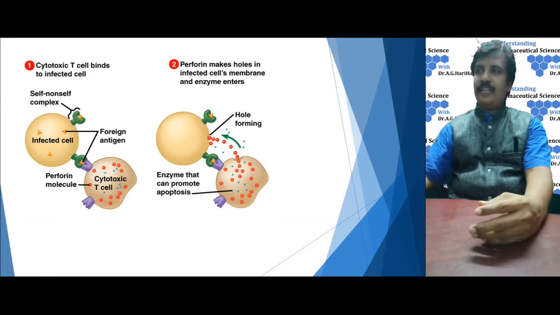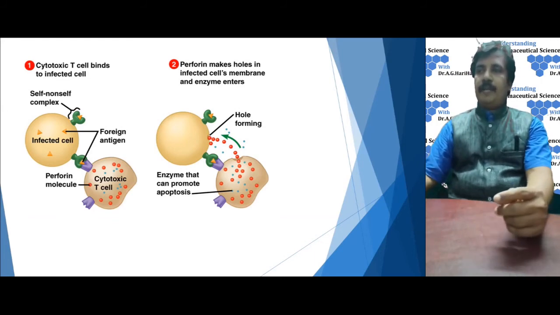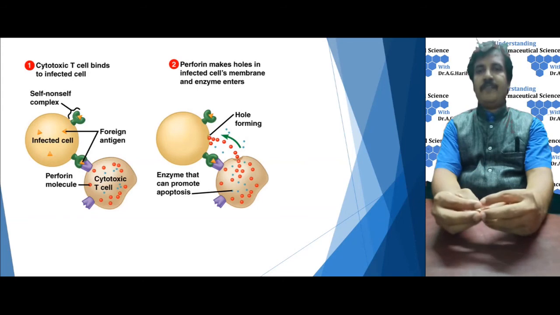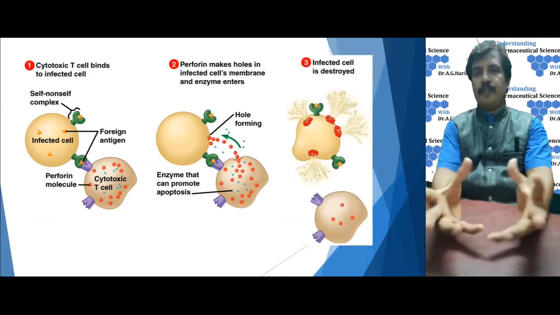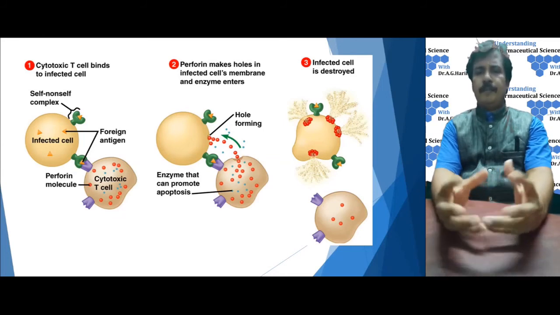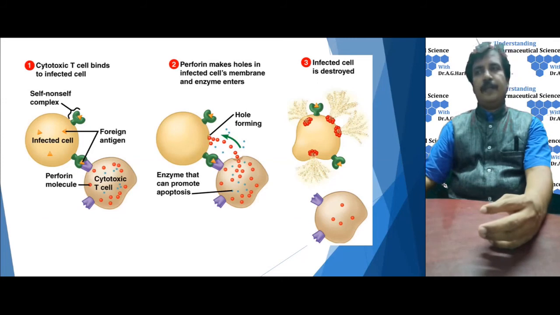Once released, they get internalized by the membrane of the infected cell. Once internalized, this perforin activates a cell signaling pathway and causes apoptosis, that is the programmed cell death of the infected cell. Thereby it can produce the cell mediated immunity.